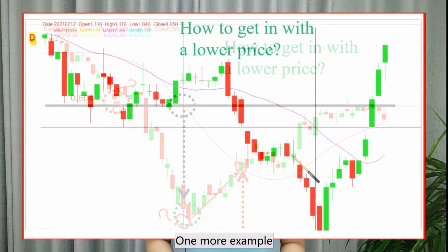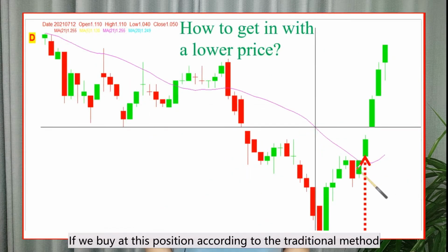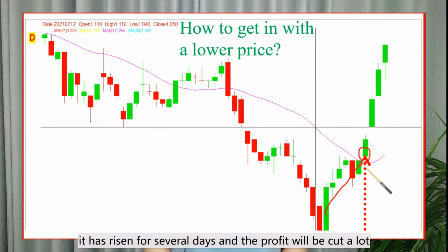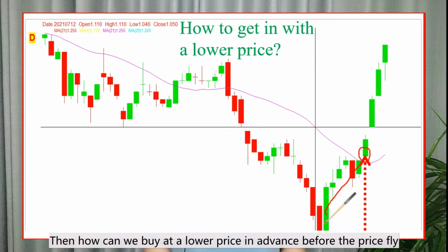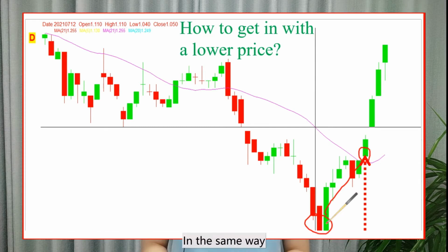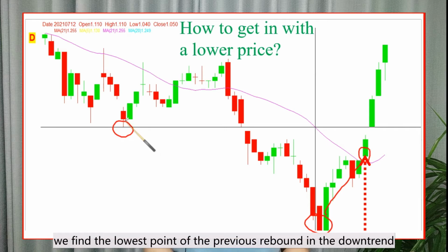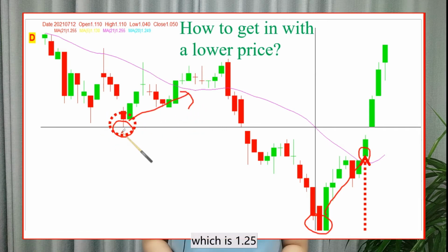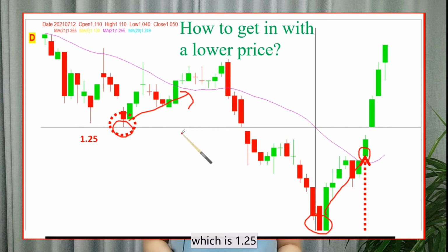One more example. If we buy at this position, according to the traditional method, it has risen for several days, and the profit will be cut a lot. Then, how can we buy at a lower price in advance before the price flies? In the same way, we find the lowest point of the previous rebound in the downtrend, which is 1.25.